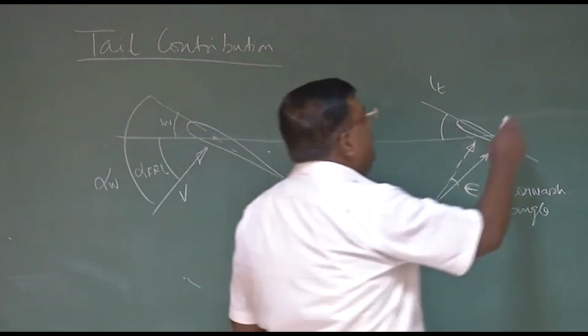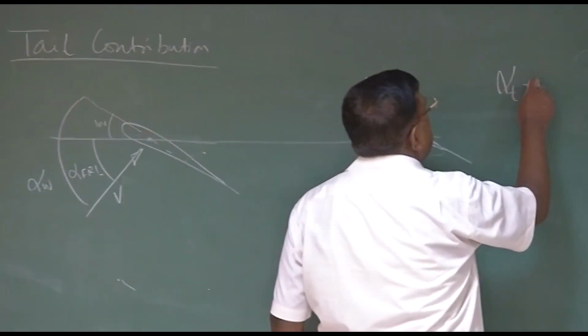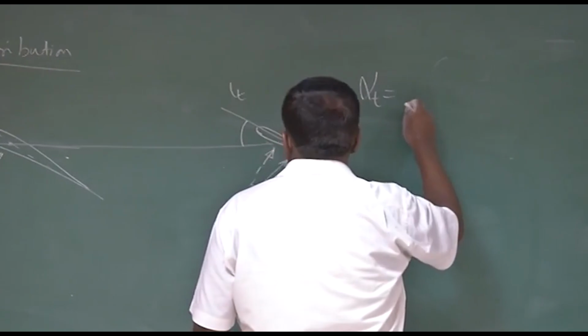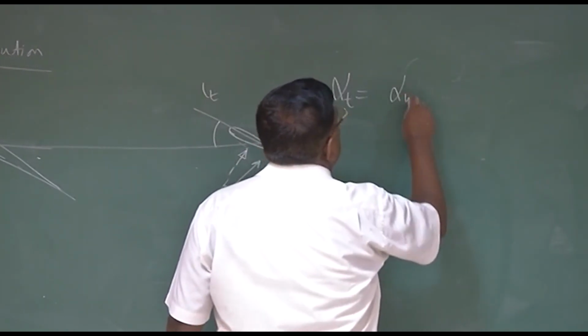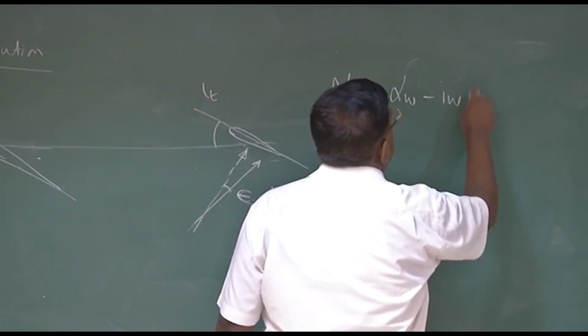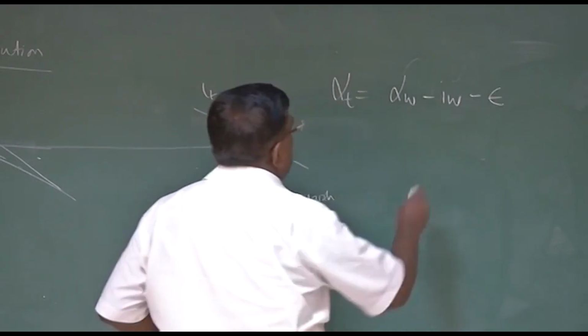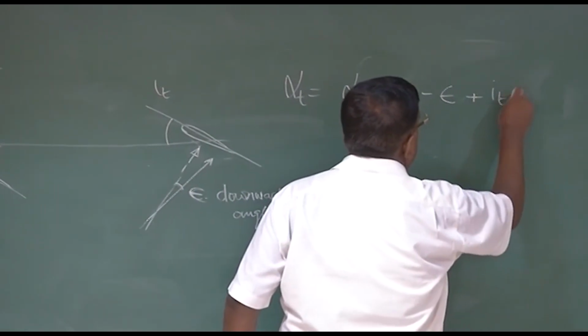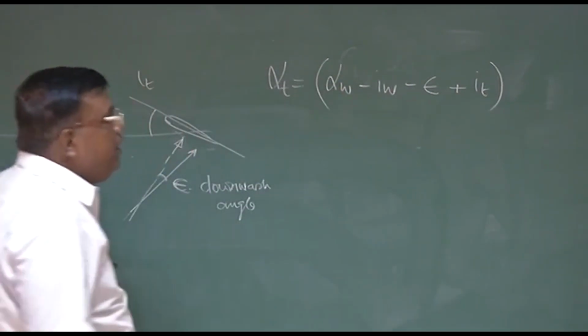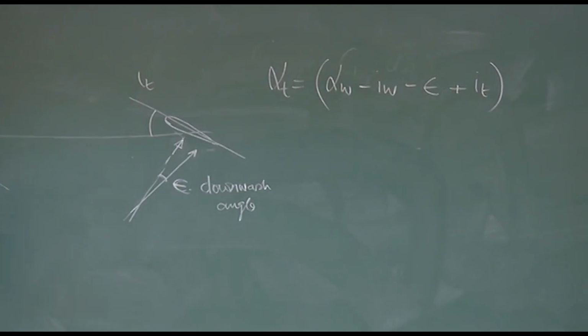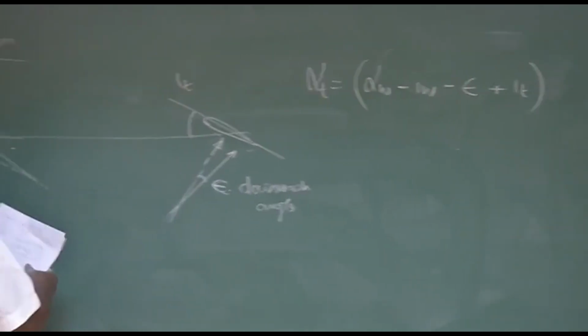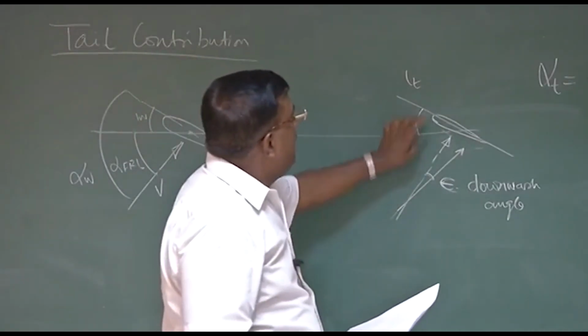So if I try to write what is the angle of attack seen by tail, I will write whatever alpha w minus IW was there, minus epsilon plus IT. That's all. If there were no downwash, then angle of attack at tail would have been alpha FRL plus IT.